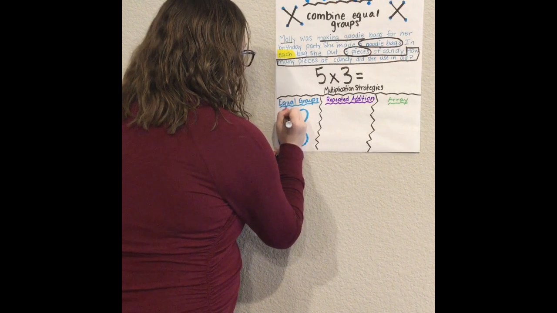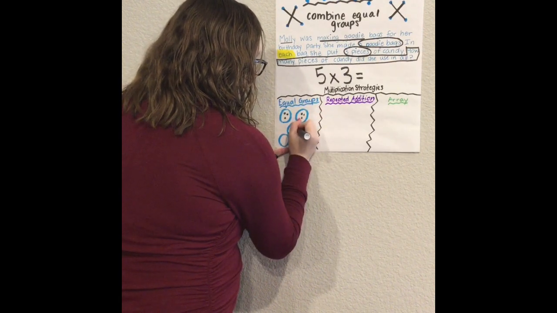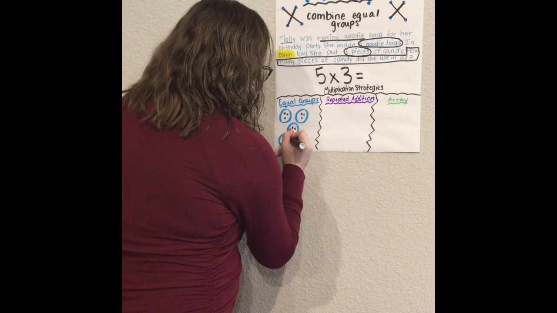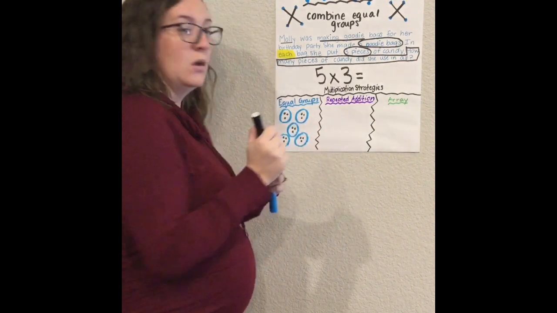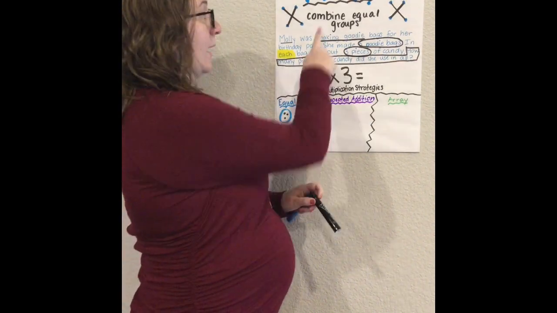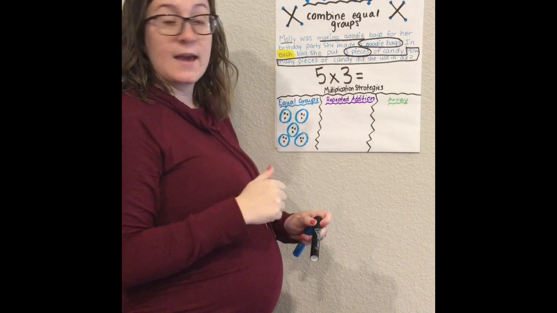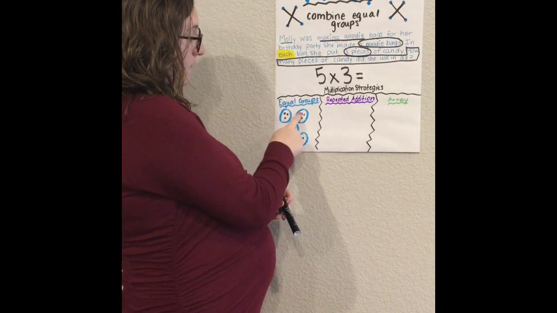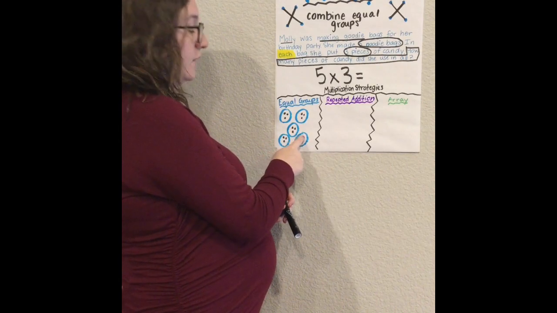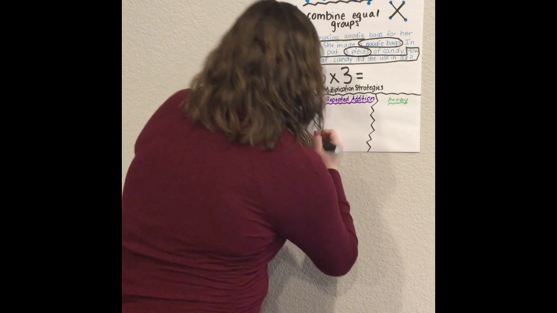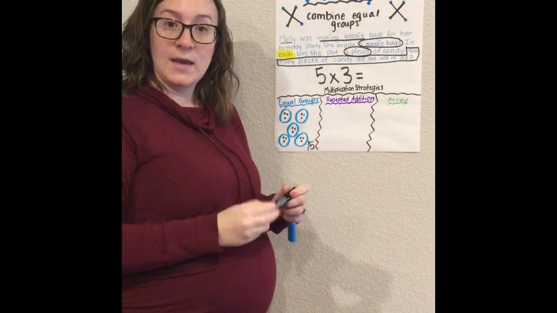We have the same number in each bag. We're combining equal groups. Each group is equal. So let's count. 1, 2, 3, 4, 5, 6, 7, 8, 9, 10, 11, 12, 13, 14, 15. According to equal groups, there should be 15 pieces of candy used in all.